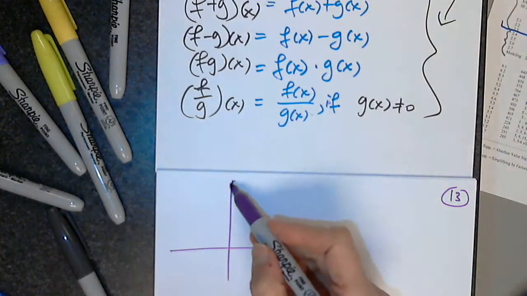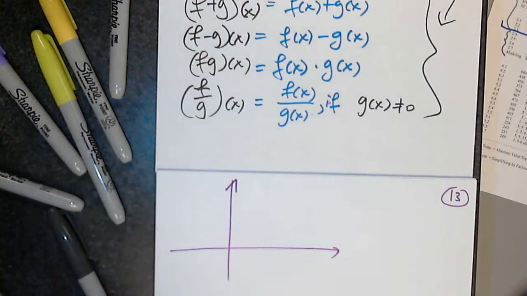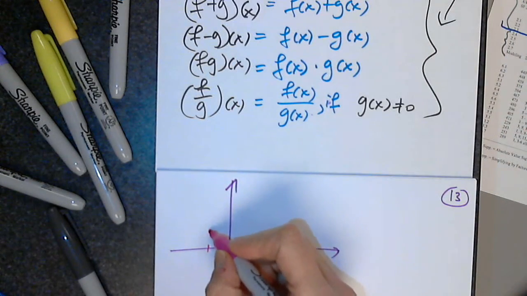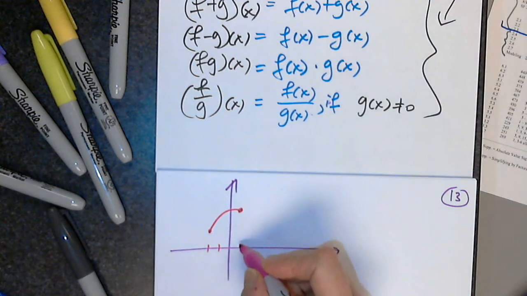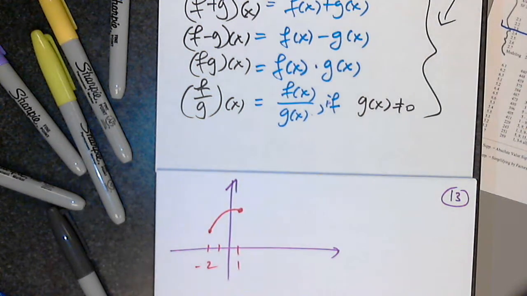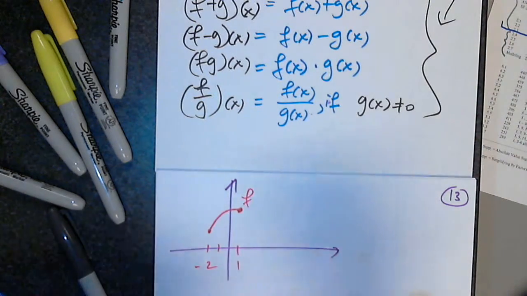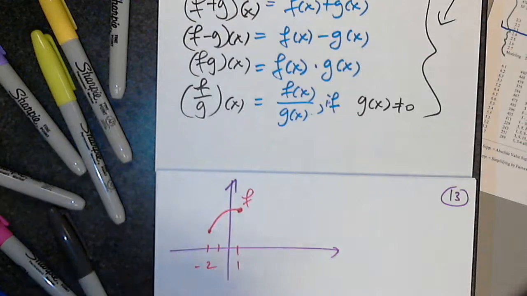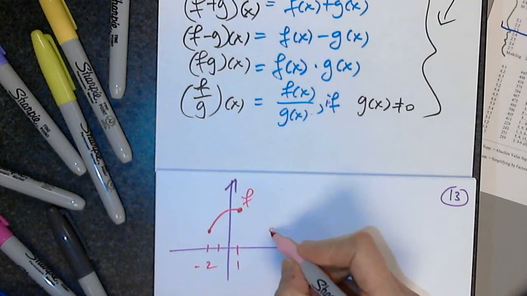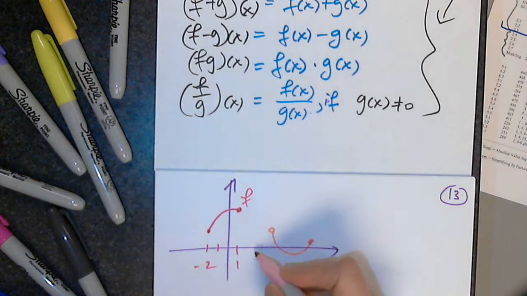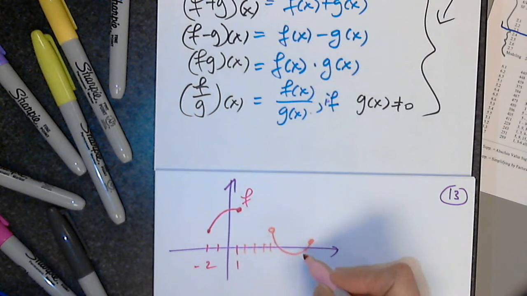So let's say I have a function that is this. And I have a function, so this is my f, and that's its graph, and let's say g is this. 2, 3, 4, 5, 6, 7, 8, 9, 10.